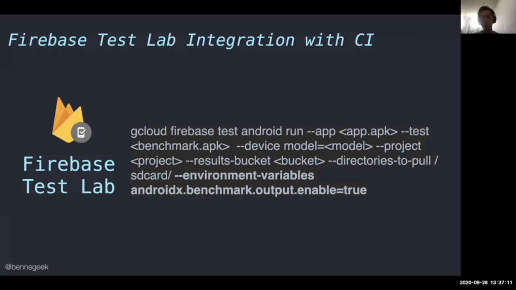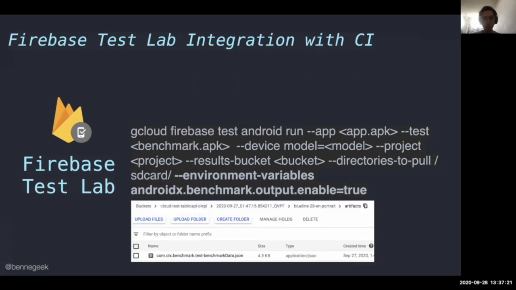But as I tested now, it works. So you can just get the JSON output from Firebase using this environment variable. And as you can see here, this is the JSON of the benchmark in gcloud storage, in the artifacts folder after you pull it from the device.